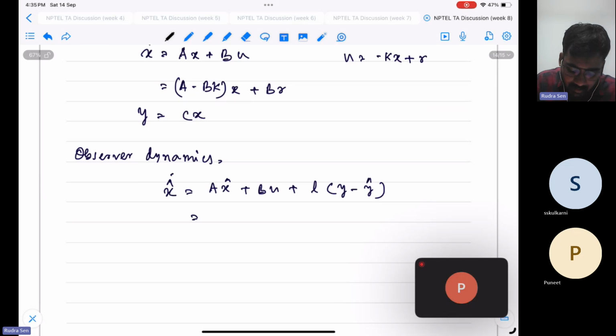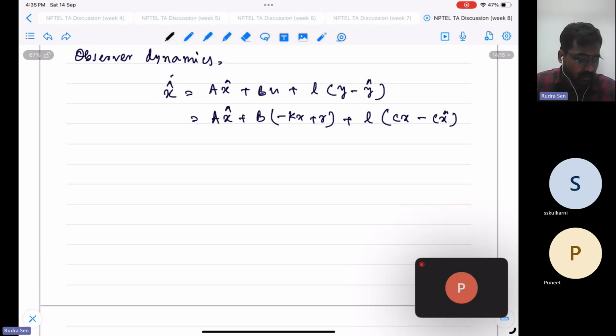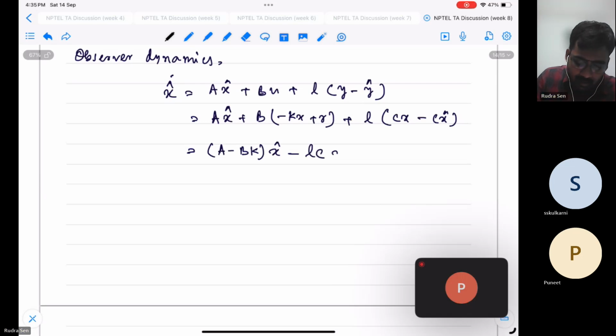Since y hat is C x hat, putting it in, we get A x hat plus Bu plus L Cx minus L C x hat.